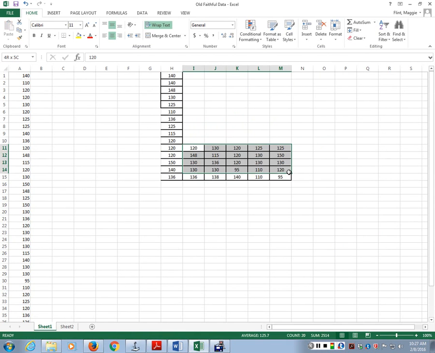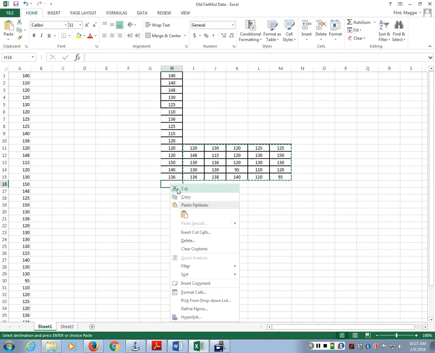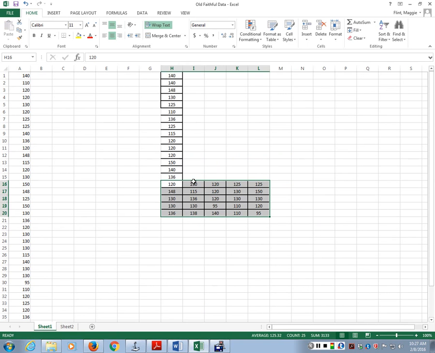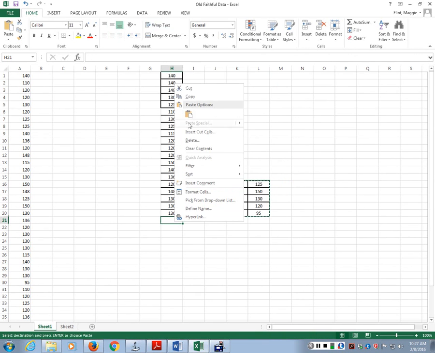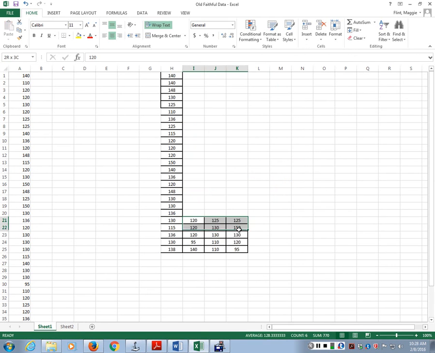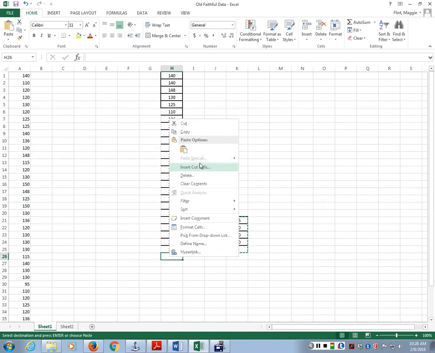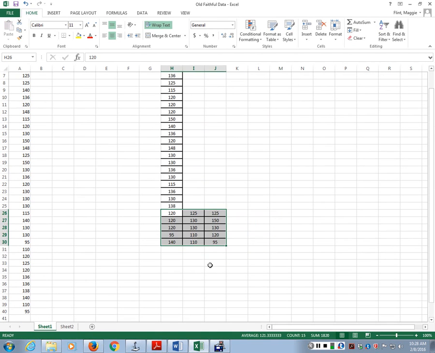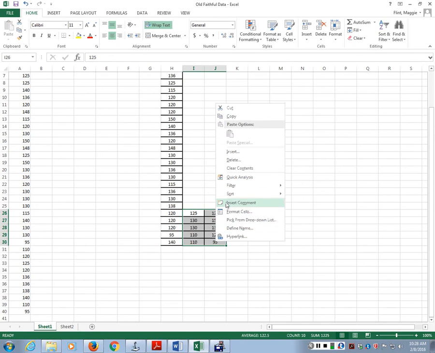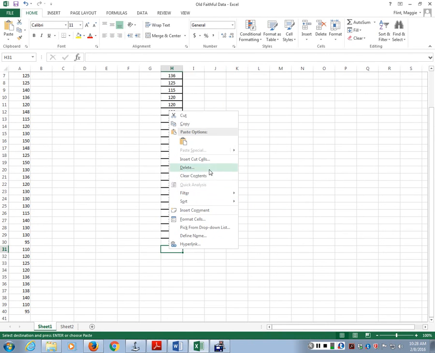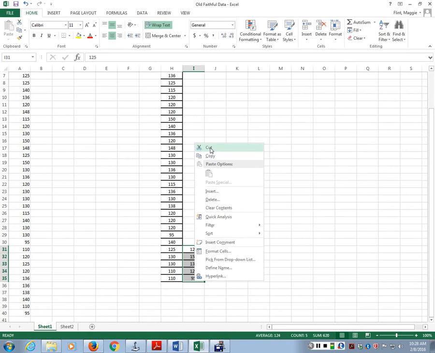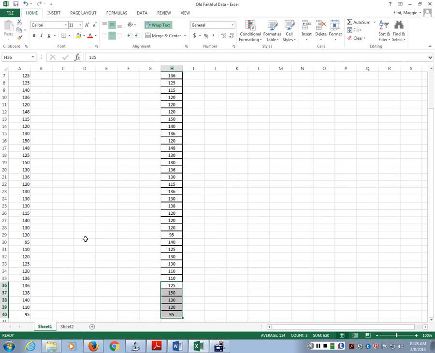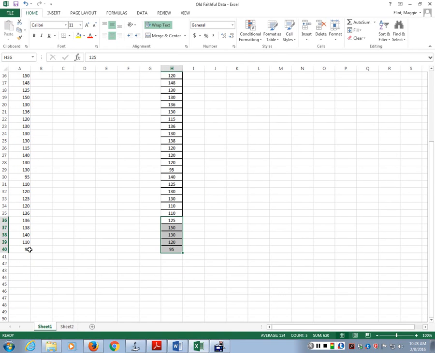And I cut all these extra ones and pasted them there, and then cut all of these, pasted them there, and cut these three, and pasted them underneath, and then cut these two, pasted them underneath, and then finally cut those last 5 and pasted those on the bottom.